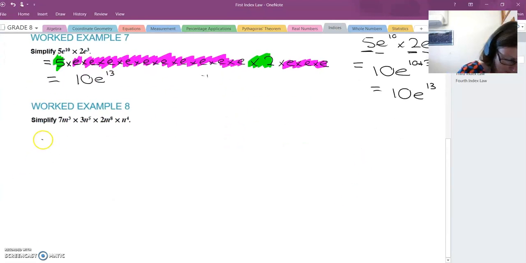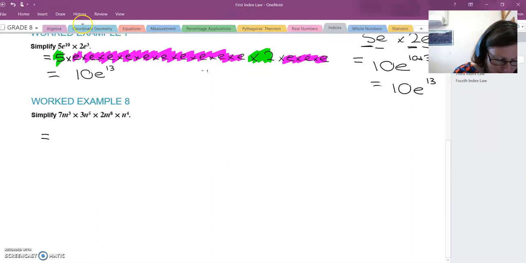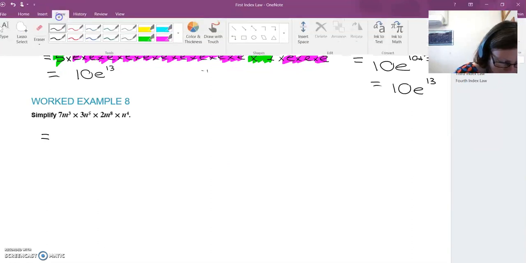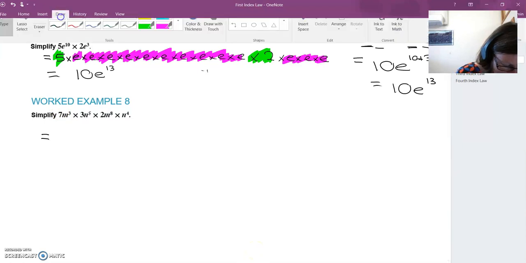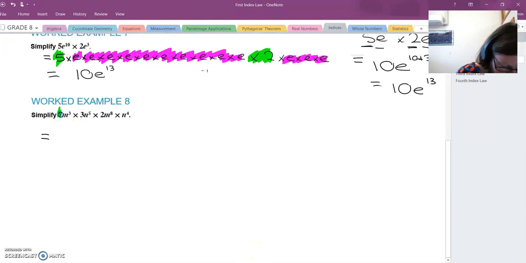Alright, so let's do this one. You notice this one involves m's and n's and then normal numbers. So I'll use colour coding again. Here are my normal numbers, here are my m's, and then in a different colour, I've got my n's.